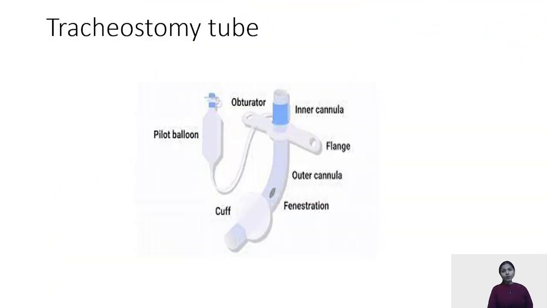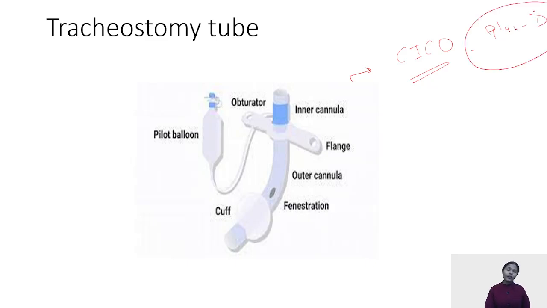This is the tracheostomy tube, which is another definitive airway. You should be able to recognize that yes, this is a tracheostomy tube. The case for the tracheostomy tube could come like a can't intubate, can't oxygenate situation. So what is the definitive plan? That is plan D for such cases: the introduction of a tracheostomy tube.